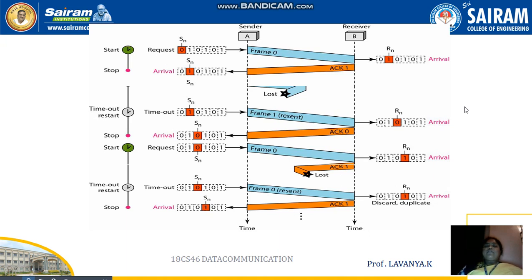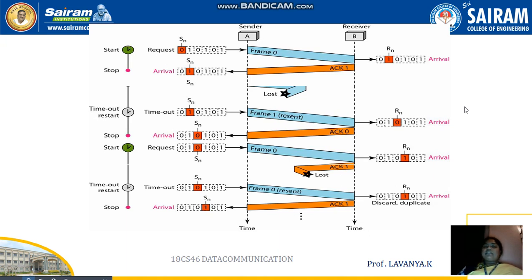If the sender sends the data, it waits for the receiver's acknowledgement, and the receiver is also waiting for the sender's data. But if that does not happen within the given amount of time, both sides are waiting a long time and nothing is happening in between.